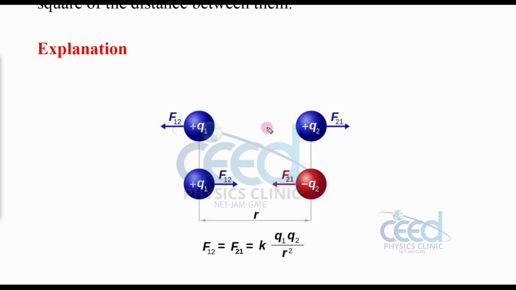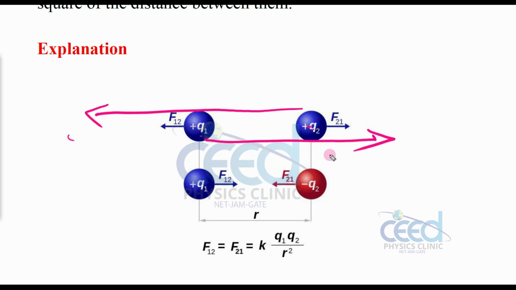We already know from the properties of electric charges that like charges repel. So q2 repels q1 in this direction, and q1 repels q2 in this direction.